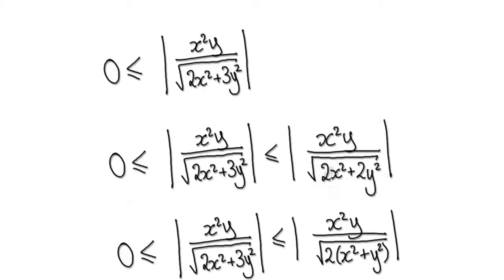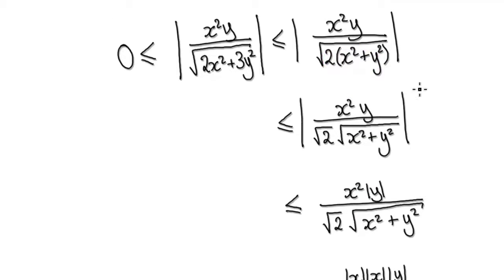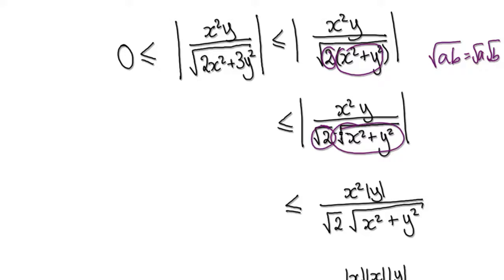Now you can see that this is a 2, this is a 2. Factor out the 2, that will then give you this, and then remember, square root of ab equals square root of a times square root of b. So one thing multiplying another thing is the same as square root of 2, and then square root of this whole thing here.